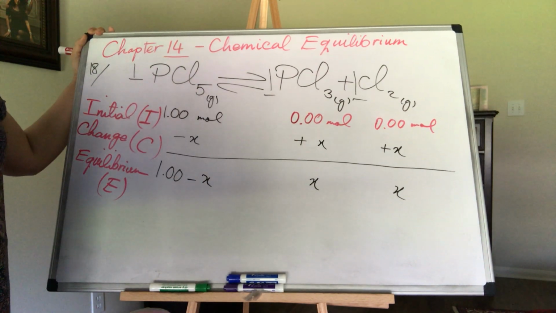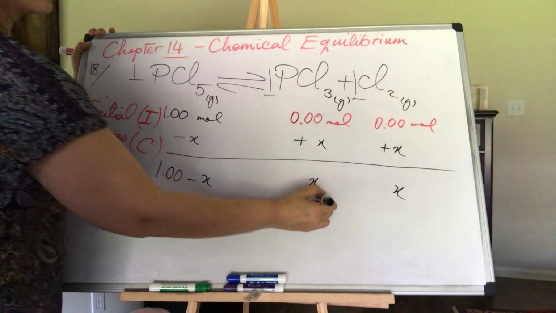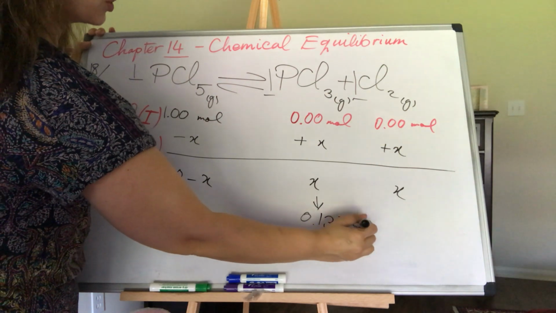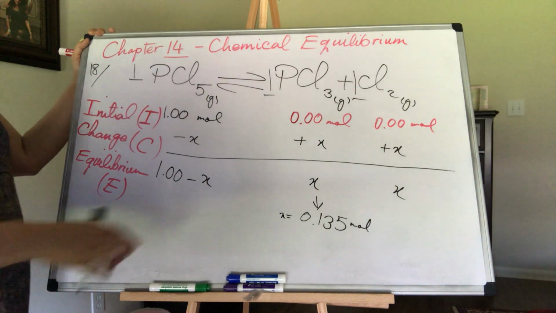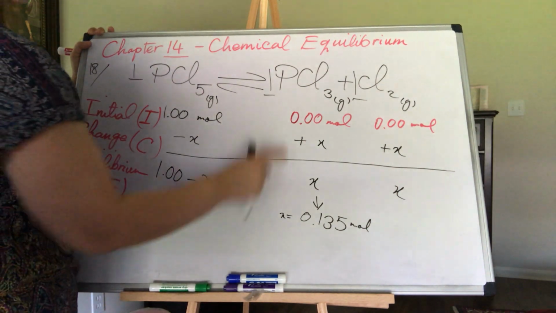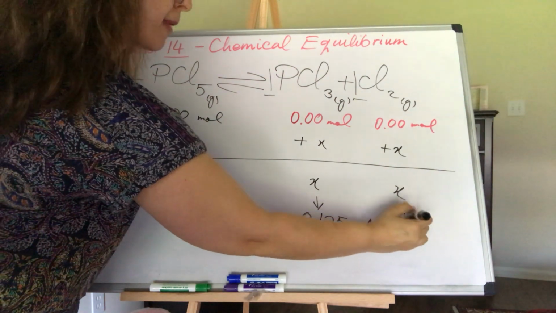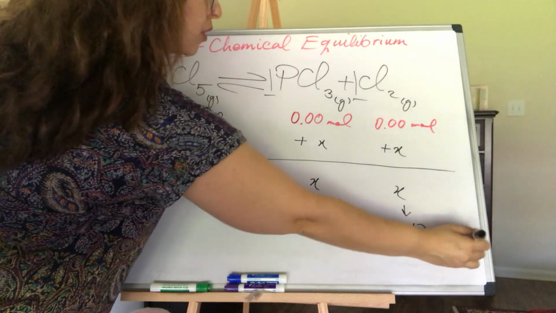The question said that at the end, PCl3 is 0.135 moles. So X is 0.135 moles. Because the X is the same for PCl3 and Cl2, the same amount has been produced for Cl2.